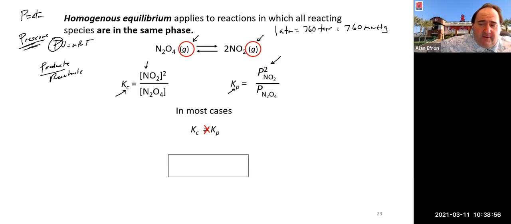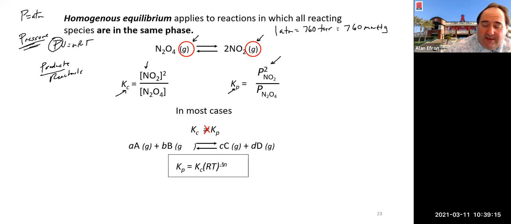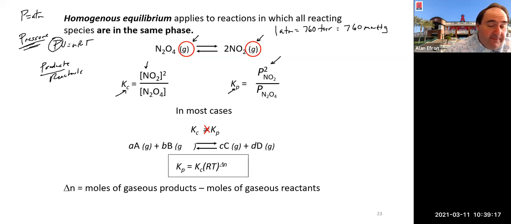If you have a large Kc, you would also expect products, and vice versa. Obviously, if you have small values for each of those, you would expect more reactants when you reach equilibrium. So there must be a way to go from one to the other, and there is. There's this formula here which allows us to go from Kp to Kc and vice versa. So let's talk a little bit about this equation here.